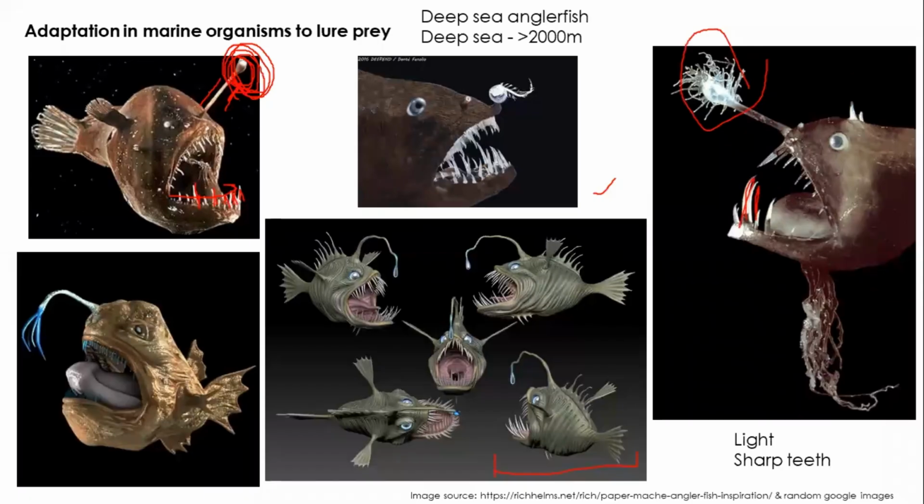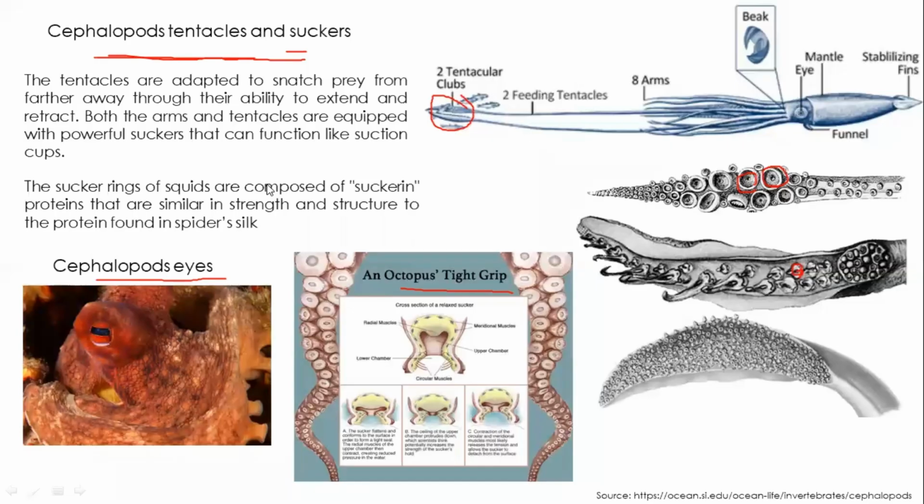We saw that there are several kinds of adaptation that make them a good hunter. So the first adaptation is to have a light and sharp teeth in the deep sea, right? An example is the anglerfish. Second, we saw the cephalopod tentacles and suckers, which can also be seen as structural adaptations, right?